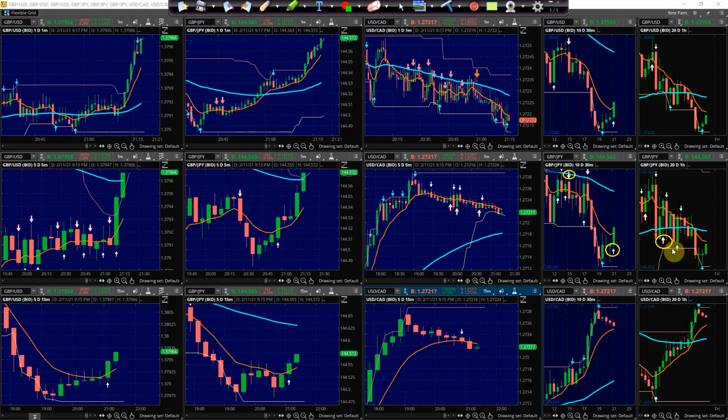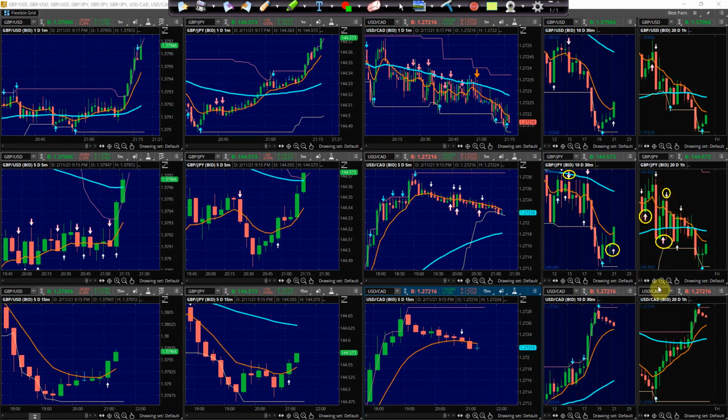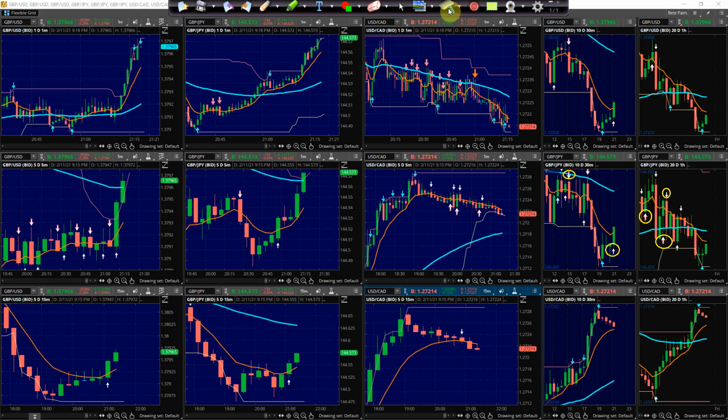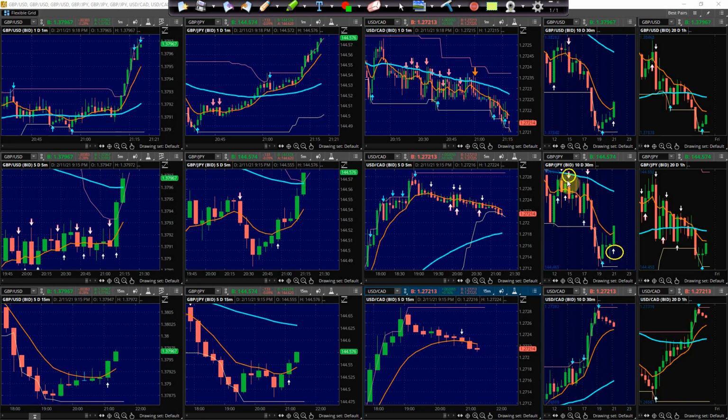Over here you have another super arrow, and over here a super arrow, and a white arrow over here. We're actually going to be ignoring the blues. The blue arrows are for a completely different strategy, so for right now we're just going to be focusing on white, pink, or super arrows on the longer term charts.